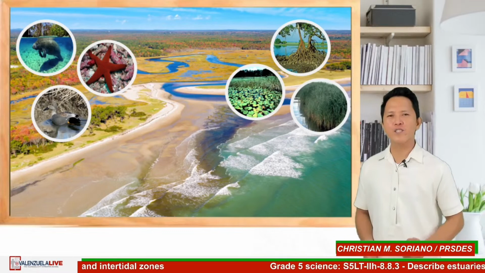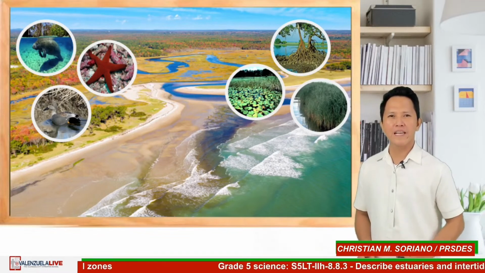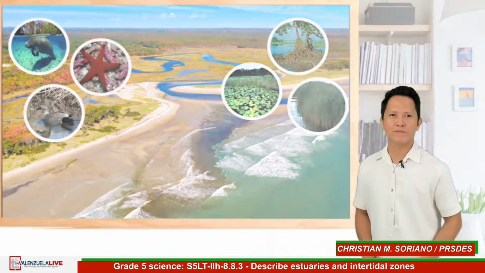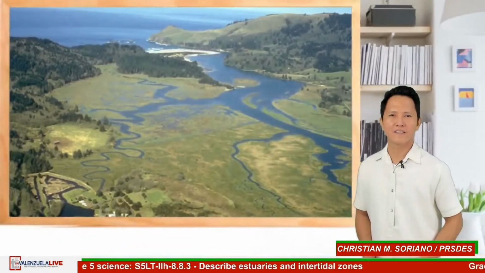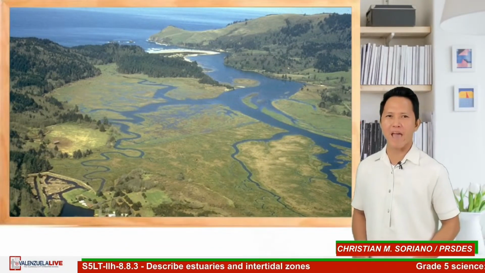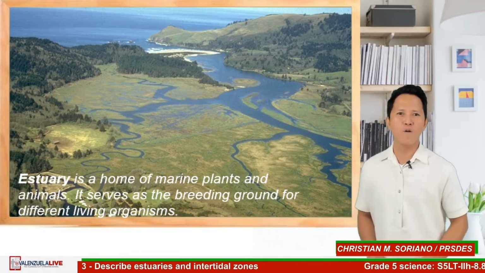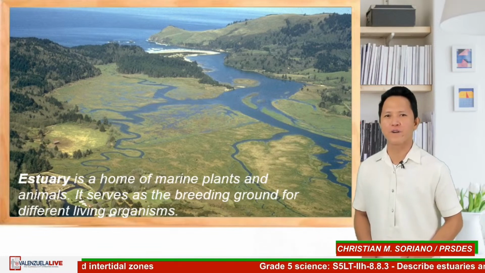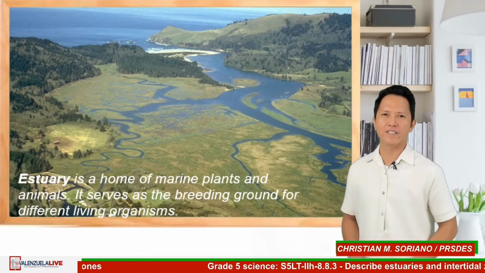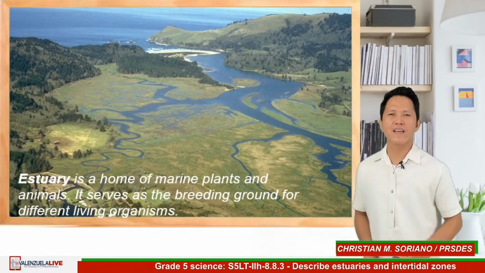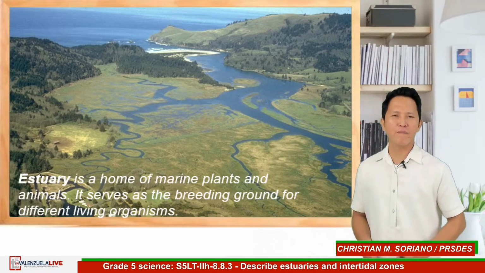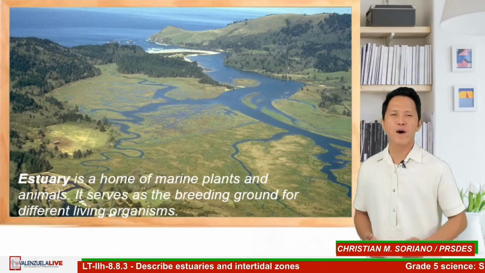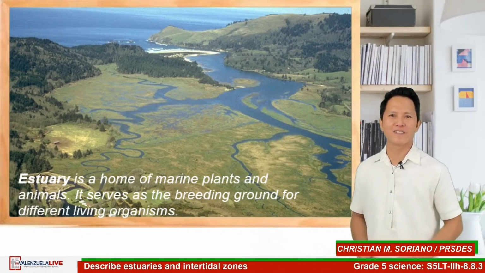Truly, an estuary is a home for different living organisms as well as non-living organisms. So our next description of an estuary is that it is a home of marine plants and animals. It also serves as a breeding ground for different living organisms. So we can expect that an estuary is a place for different living creatures to reproduce and propagate themselves around the estuary.